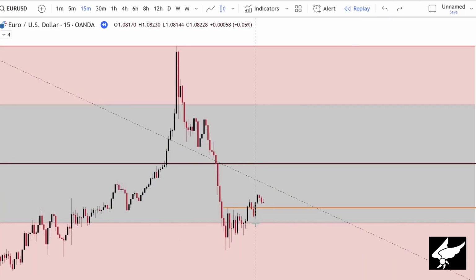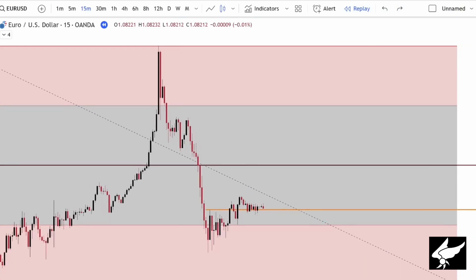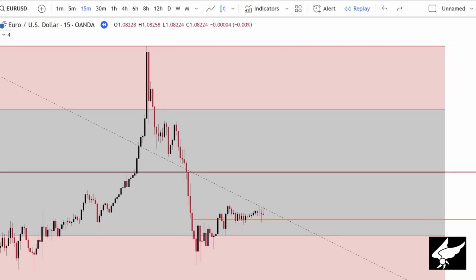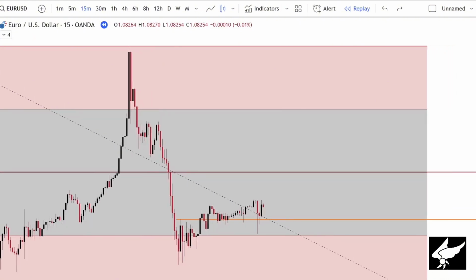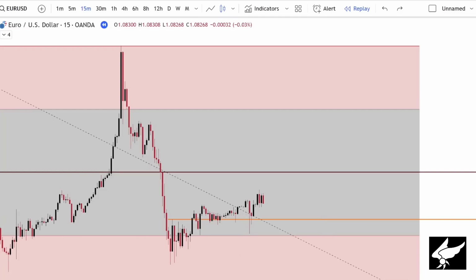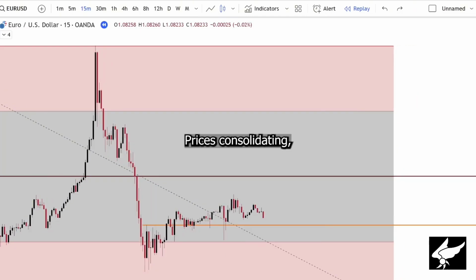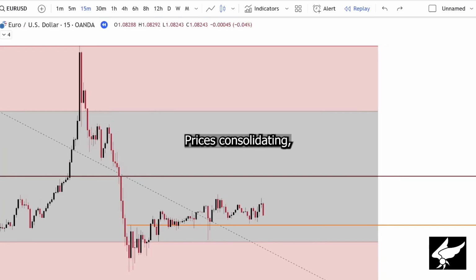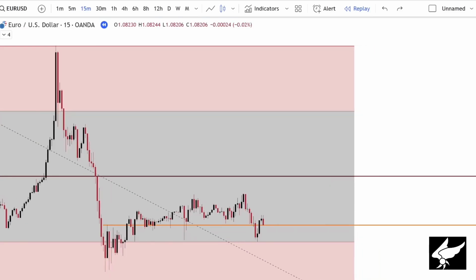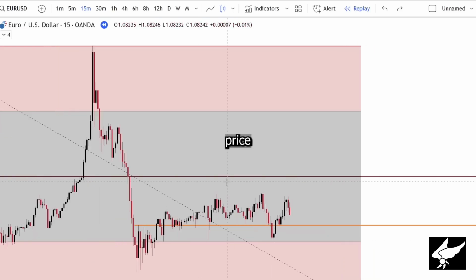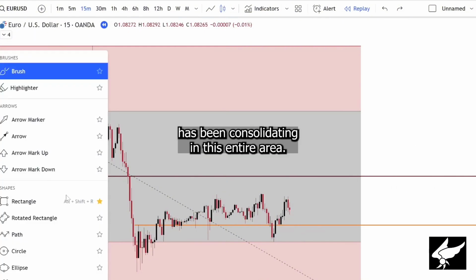So you had your return to origin here. Price is consolidating. Price has been consolidating in this entire area.